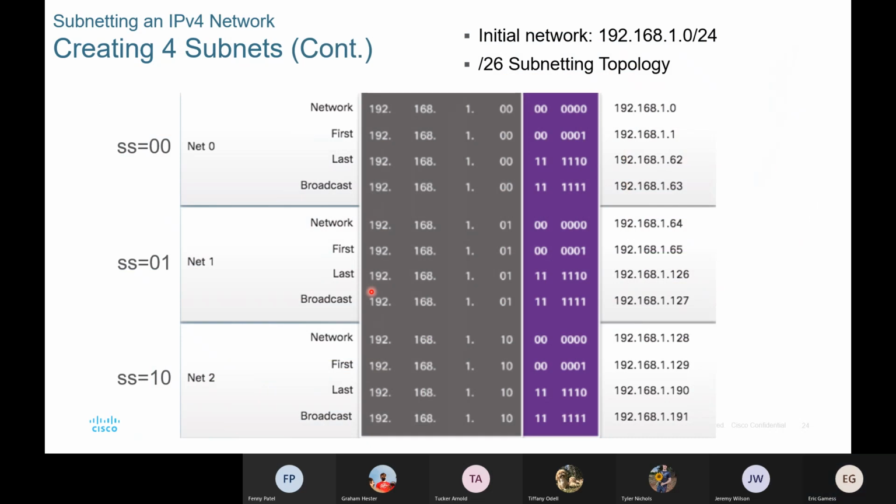Okay, so this is the same example as the previous one. We started with network 192.168.1.0, and we need to create 3 subnets. So subnet 00, subnet 01, and subnet 10. And the 4th subnet, the 11, is the spare subnet. As you remember, we go by steps of 64 in the last byte. So 0, 64, 128.